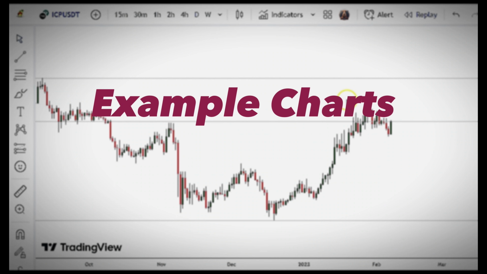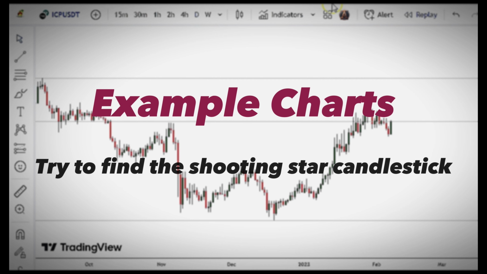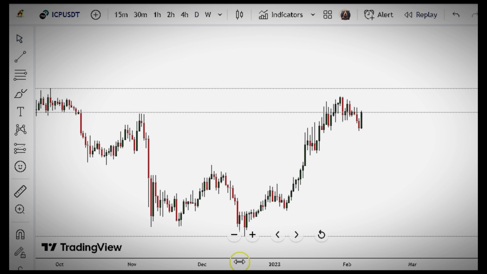Here are some more chart examples, which I'm not gonna explain. You can pause the video or just continue playing and try to identify the shooting star candlestick patterns for yourself. And if you have any questions, you can comment below. So let's move on and try to guess where the shooting star candle is.